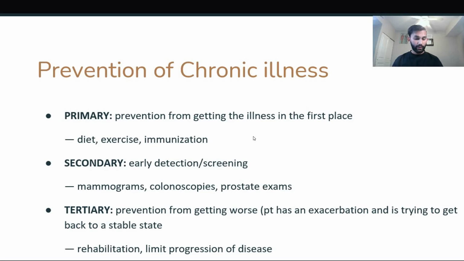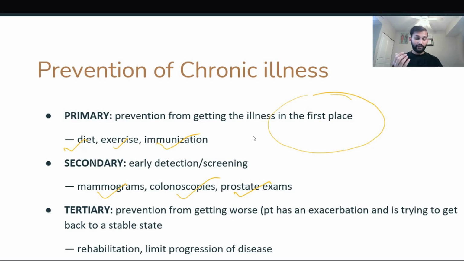The primary is prevention from getting the illness in the first place, and this includes educating the patient about diet, exercise, immunization, and those kinds of things. With the secondary, you're doing early detection as well as screening, for example mammogram, colonoscopies, prostate exam, and those kinds of things.